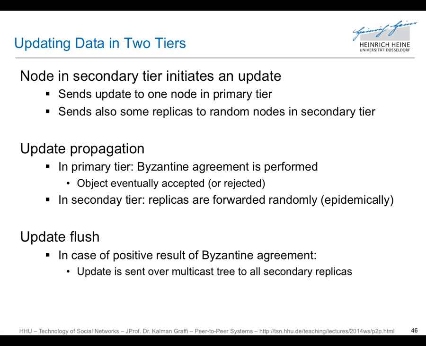It's not really flooding, it's more randomly sending it to your neighbor with some specific probability. So it's just semi-flooded. Okay, and if there's a positive result, then all nodes will be informed through multicast so that everyone is involved.